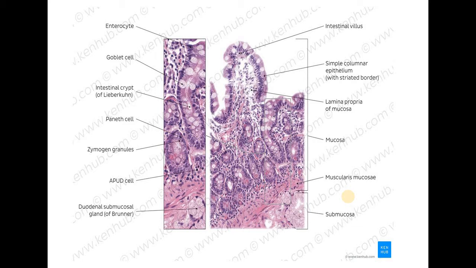Coming to the mucosa, it is made up of a lining of columnar epithelium, which rests on the basement membrane and is supported by the lamina propria. The lamina propria is made up of fine reticular tissue, and it contains scattered fibers of smooth muscle, lymph nodules and fine capillaries.